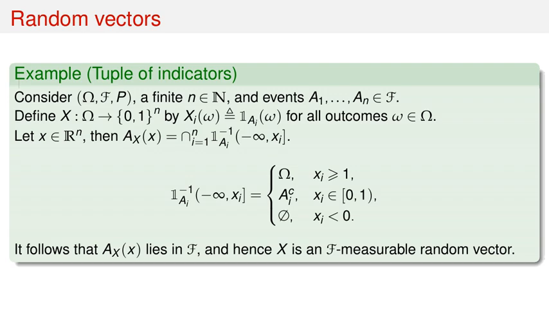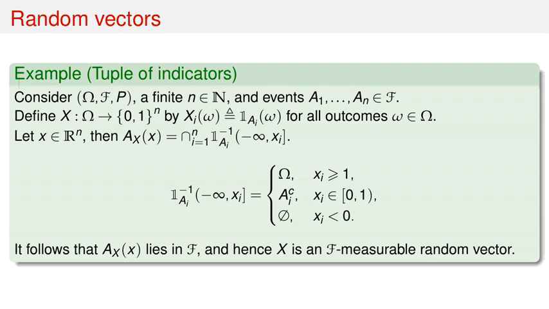We know from our previous lecture that the inverse image of an indicator function, that is indicator of A sub I, inverse of minus infinity to x sub I inclusive, is omega if x sub I is greater than or equal to 1, A sub I complement if x sub I is in the interval 0 to 1, including 0 but not 1, and the empty set if x sub I is less than 0.